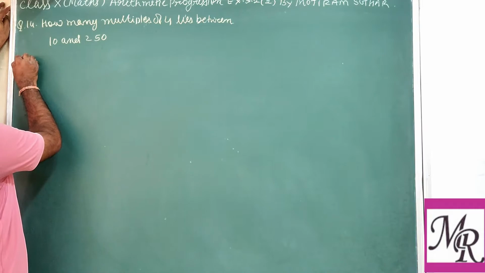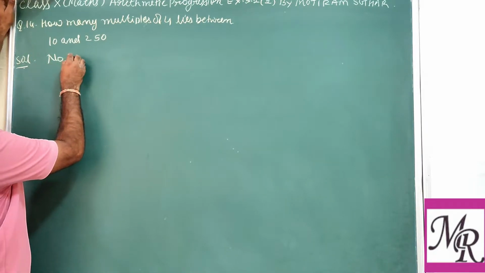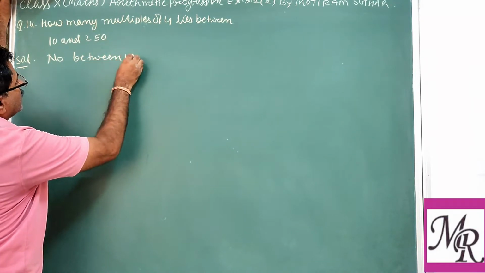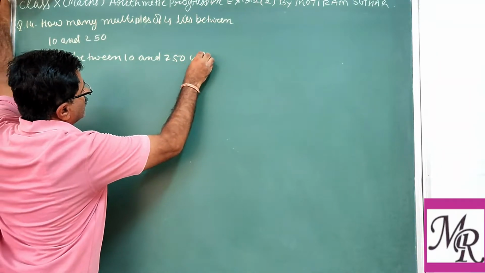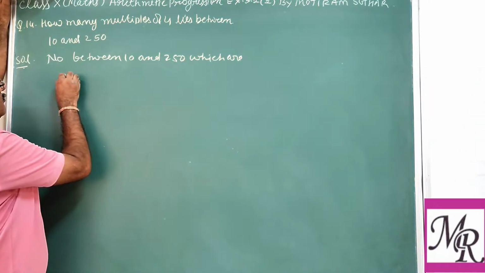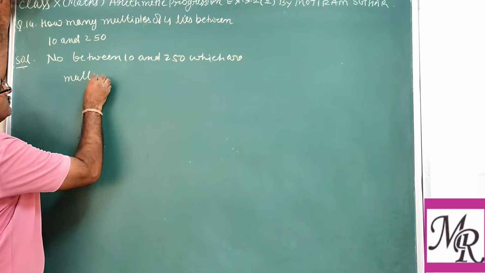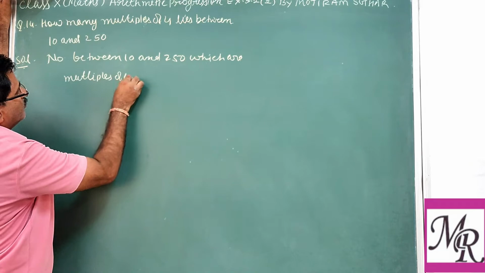So solution: the numbers between 10 and 250 which are multiples of 4.